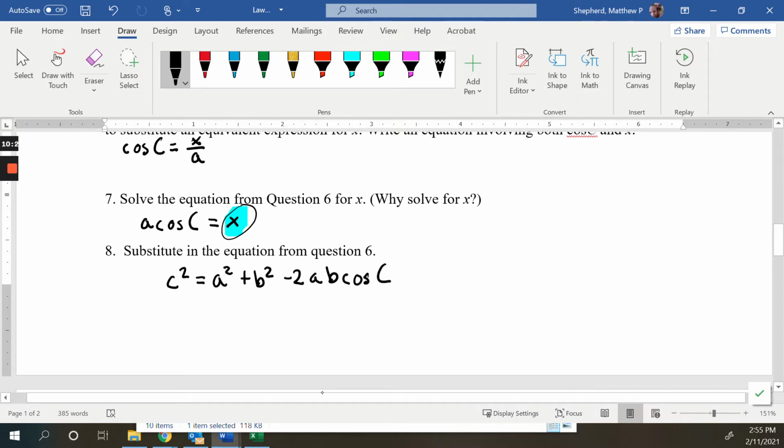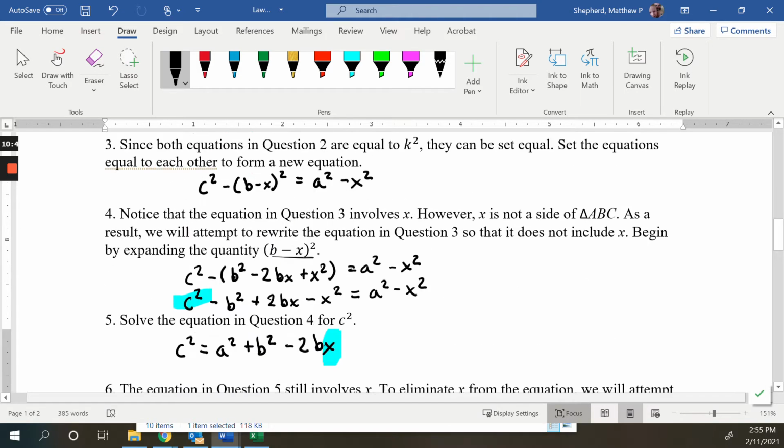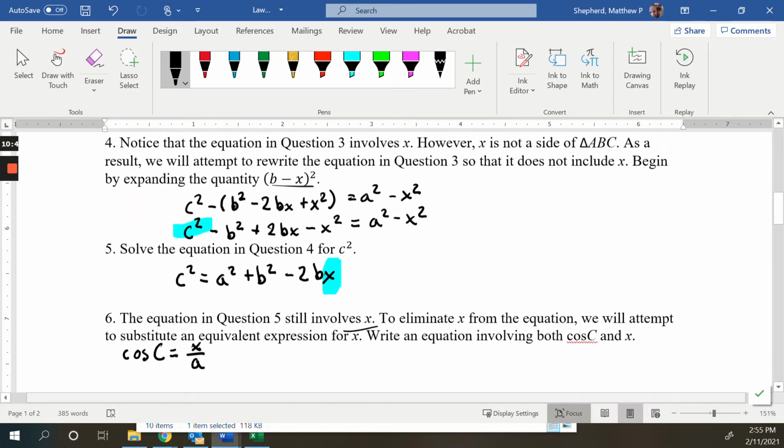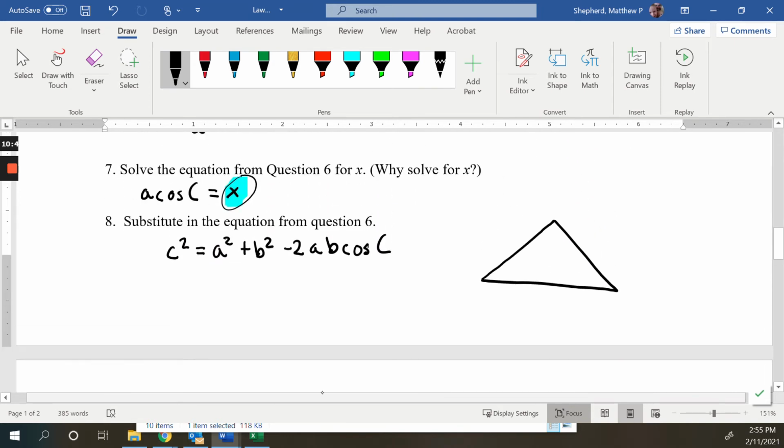Remember that the lowercase letters each represent a side, and then we've got this angle C. Now, it also helps us, I think, to remember the way these triangles are labeled.